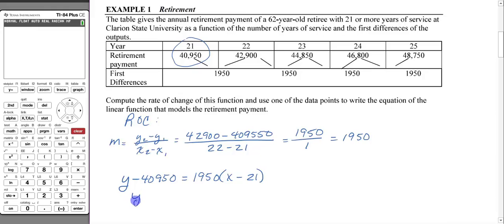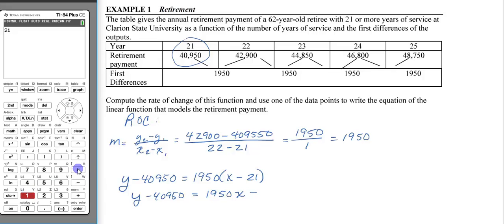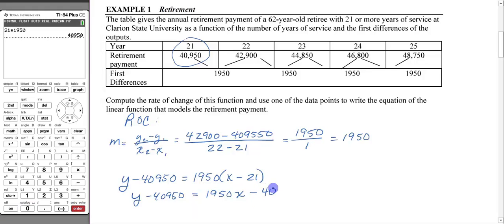And then we'll go ahead and solve for y. 21 times 1,950, I get 40,950. And so y is going to be 1,950 times x.